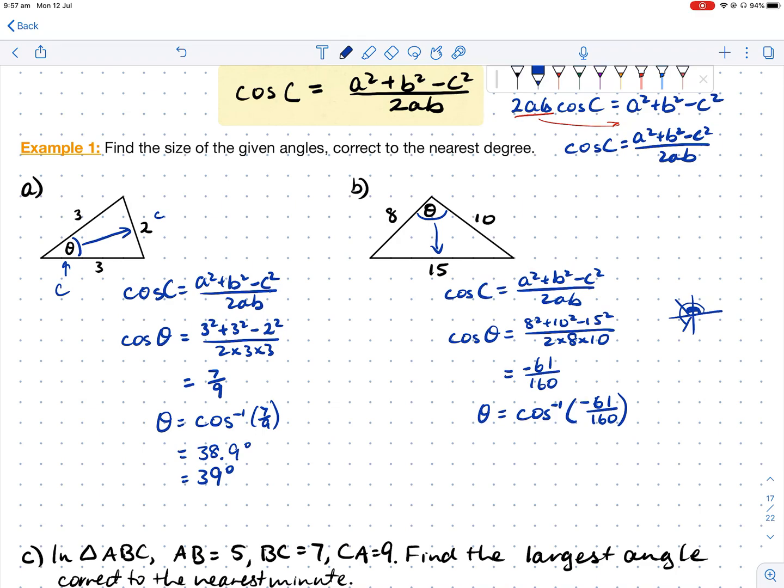So you don't need to do any of the 180 minus or any of those things. So when you work that out, it's 112.4, to the nearest degree is 112 degrees. Okay, so even if it's obtuse, we just put it straight in. The sign that you know it's obtuse is going to be a negative cosine value.